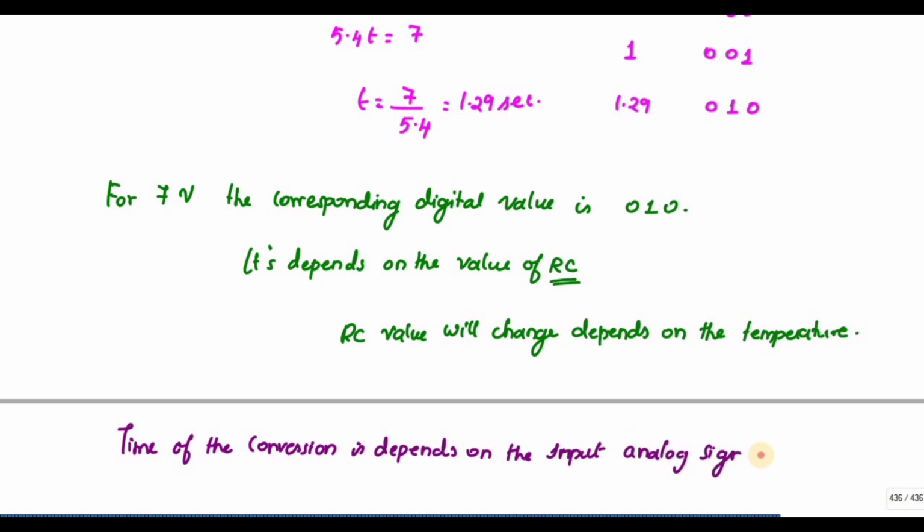If it is 7 volt, it takes 1.29 seconds. If it is 5 volt, it will take less time compared to 7 volt.